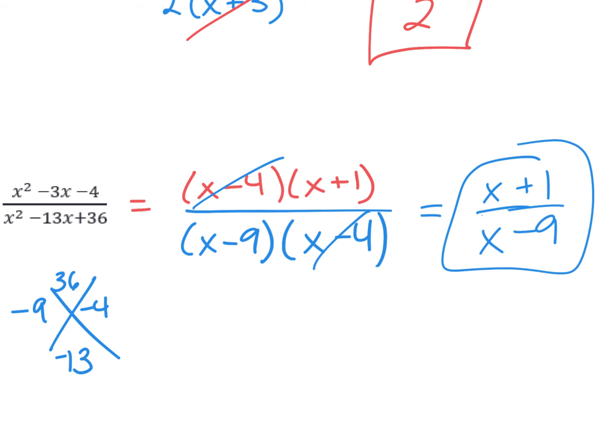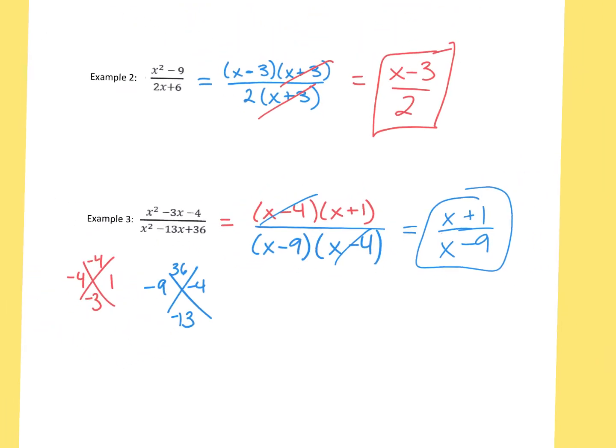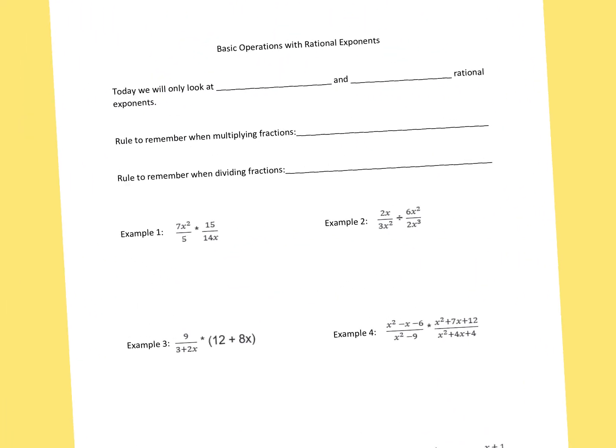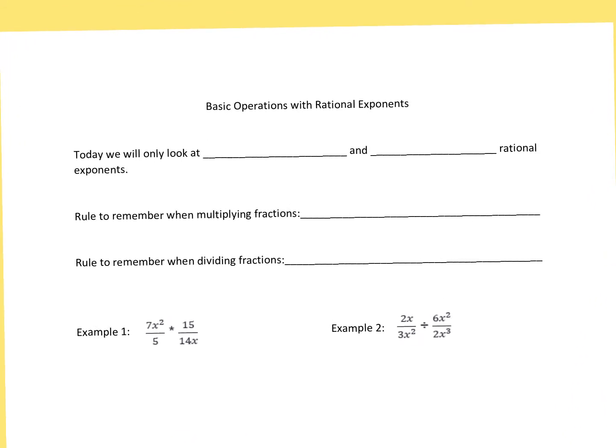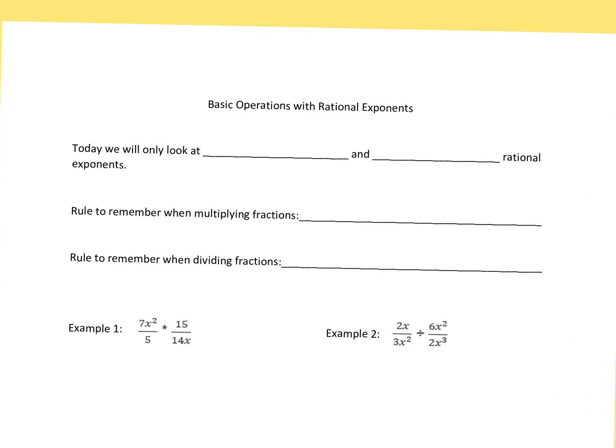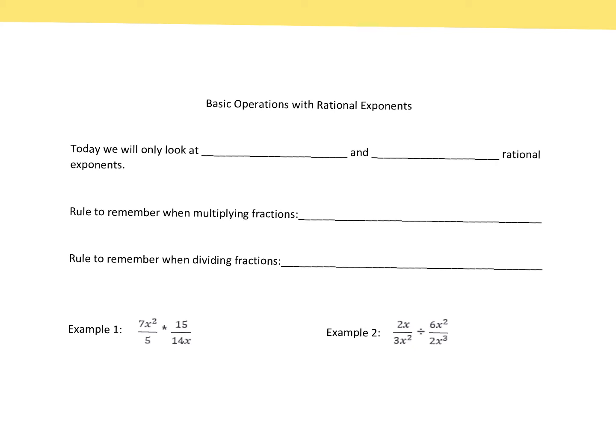All right. Questions on that? Okay. Last page of notes of this section. Basic operations with rational expressions, okay? So, here's the deal. Our 4 basic math operations in life that we have learned are addition, subtraction, multiplication, and division, right?